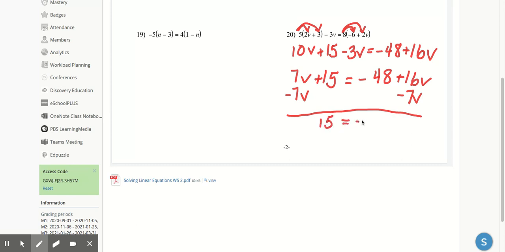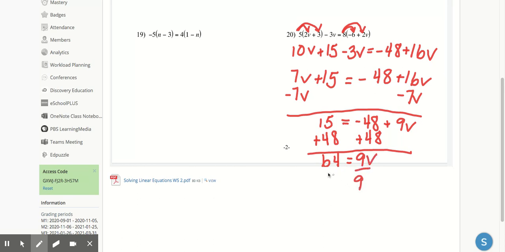On the right, I have negative 48, and then I have 16v minus 7v, so that'll be plus 9v. And I want to move this 48 over, so I'm going to add it. When I do that, I end up with 64 equals 9v. And then I can divide both sides by 9.